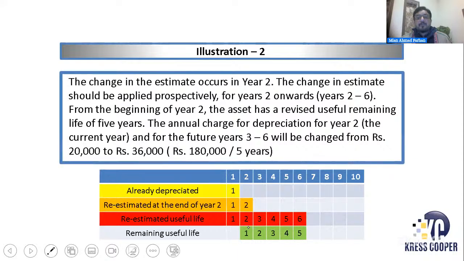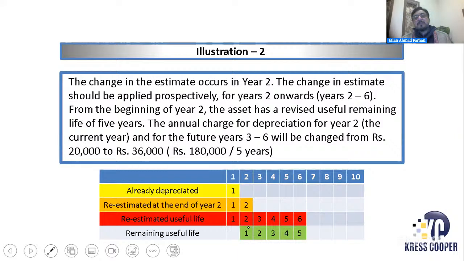There's one very important point that I want to discuss with you, that is about the calculation of the number of years in which the depreciation is charged. In fact, it starts from the beginning of the year in which the asset was put in use, okay? And we assume that it started from the very first day, no proportionate calculation.